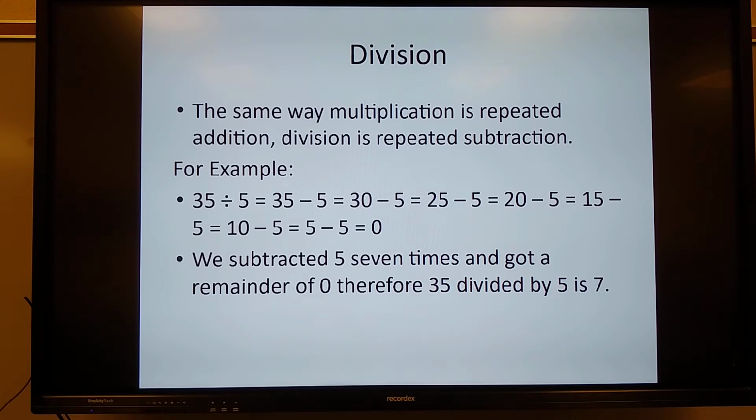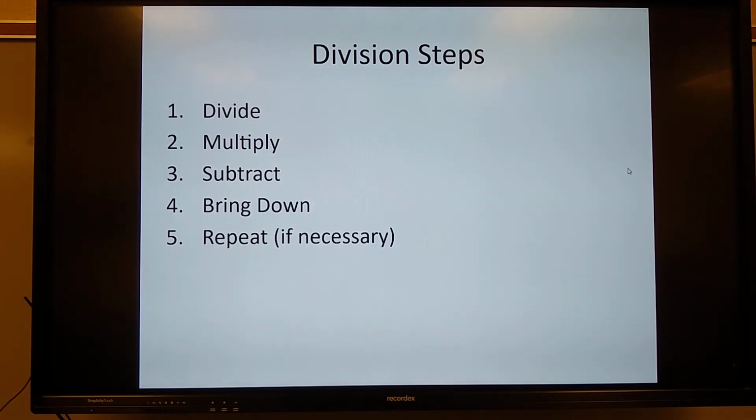For example, look at all those times that 35 is subtracted by 5. In order to get the answer of 35 divided by 5, all you got to do is count the subtraction signs. We subtracted 5 7 times and got a remainder of 0. Therefore, 35 divided by 5 is 7. Just showing you how division is repeated subtraction.